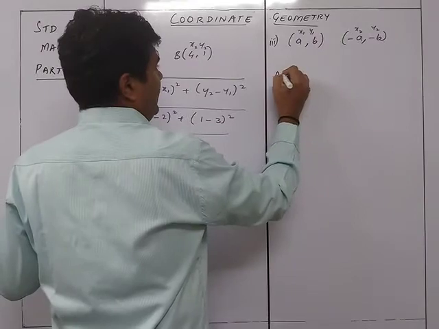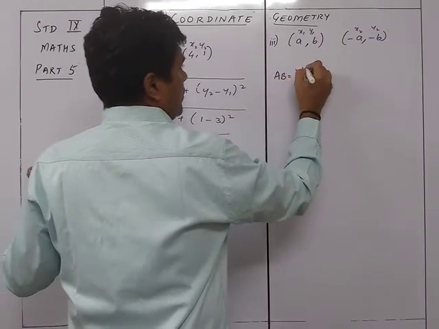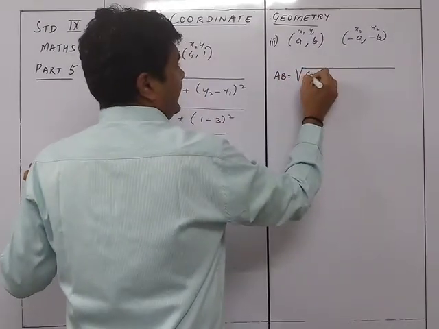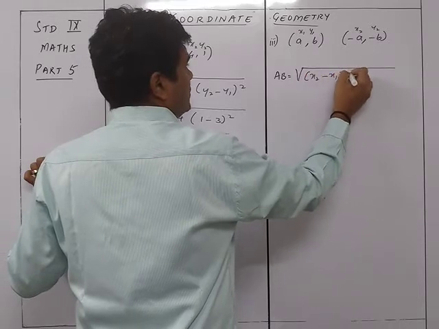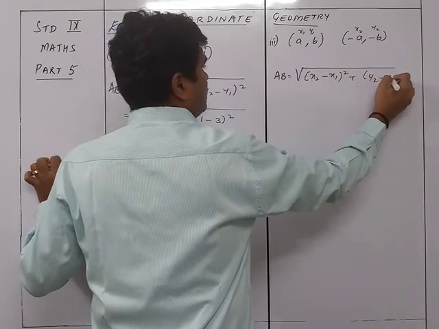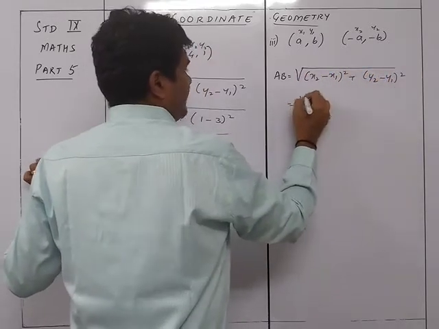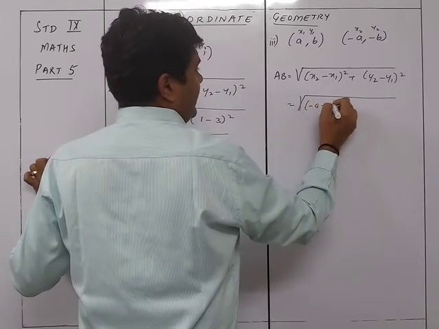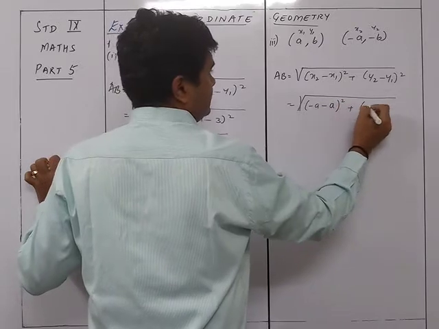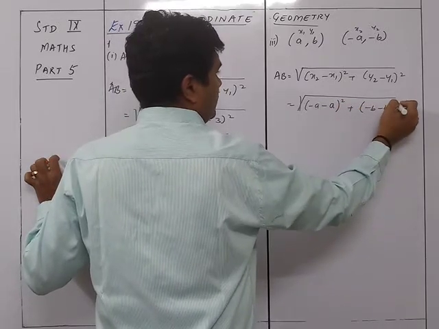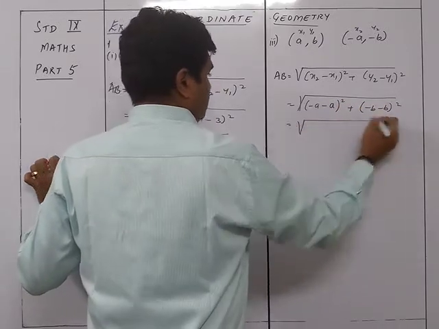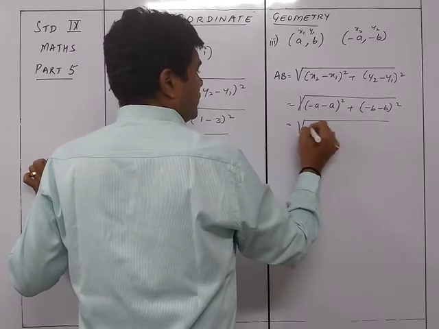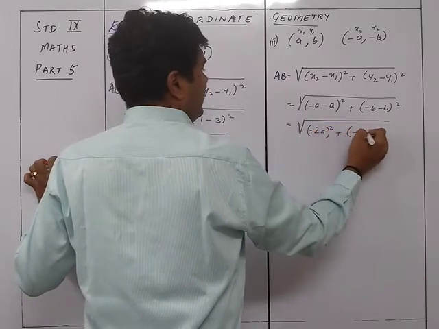So we have AB will be equal to square root of x2 minus x1 the whole square plus y2 minus y1 the whole square. So that gives you minus A minus A the whole square plus minus B minus B the whole square. That's minus 2A the whole square plus minus 2B the whole square.